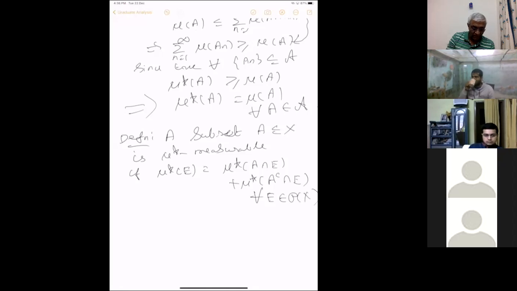Of course, E is equal to A intersection E union A complement intersection E, as a disjoint union. Then A satisfies this additivity property for all E. This is what is called a measurable set.